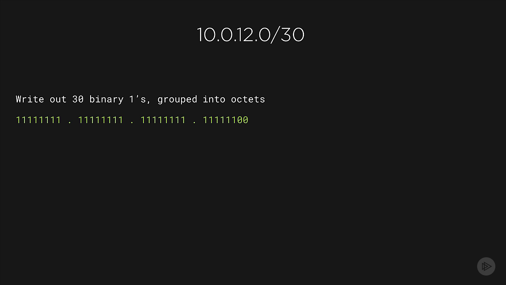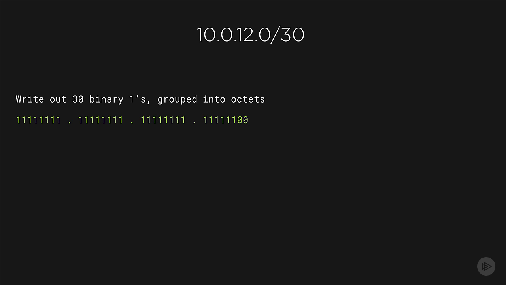All right, last one. Let's do 10.0.12.0/30. Write out 30 binary ones grouped into octets. So we have 8 ones, a dot, another 8 ones, another dot, and another 8 ones, and then another 6 ones to make 30 total 1 bits. And the rest are 0. We convert each octet to decimal.